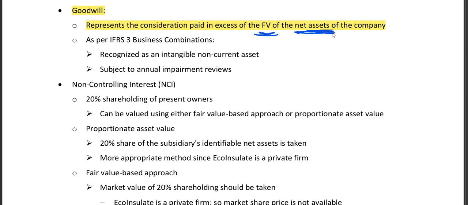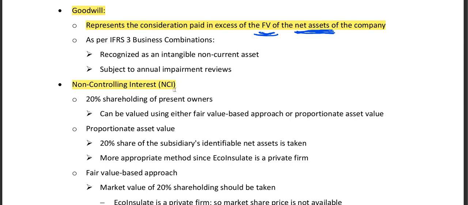And if we are going to acquire an 80% stake, that would mean 80% of the net assets will belong to us. The remaining 20% will belong to the other shareholders whom we refer to as the non-controlling interest.